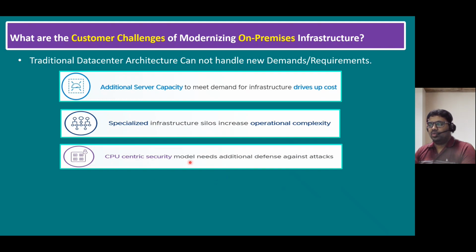CPU-centric security model needs additional defense against attacks. Most of the time our workloads are running on hypervisors, and within our cluster we can have additional memory. We can increase the memory, starting minimally with 64 GB, and in our server workloads we can go for 128 GB, 512 GB, 1 terabyte, more than 1 terabyte.